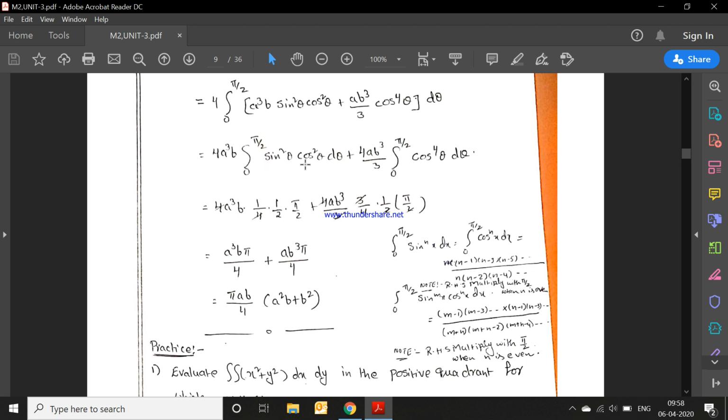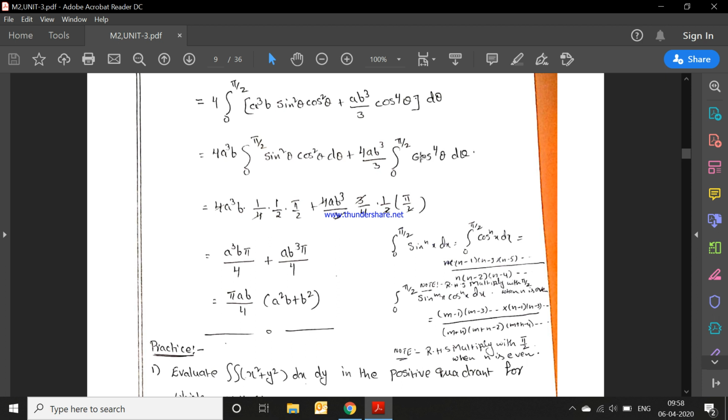Here, sin square, cos square, both are even. So, that's why we are applying the formula. m is 2, 2 minus 1, 1, by (m plus n), 4, into (m plus n minus 2). That is 1 by 2, into, both are even, pi by 2.